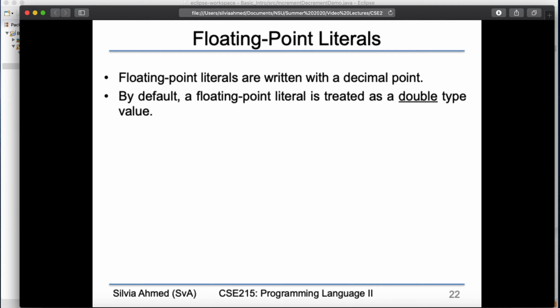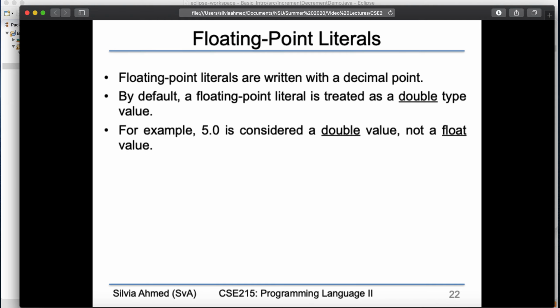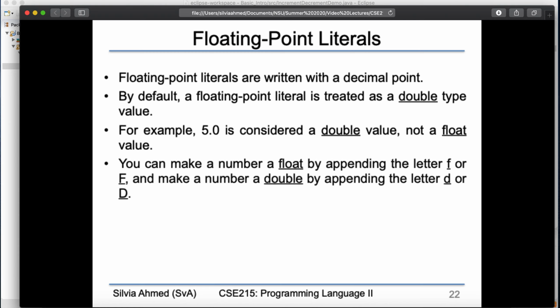In Java, any decimal value is treated by default as a double type value, that means 64-bit. So if you simply write 5.0 and nothing else, this will be considered a double value, not a float value, although it can fit into a float value, that means 32-bit.